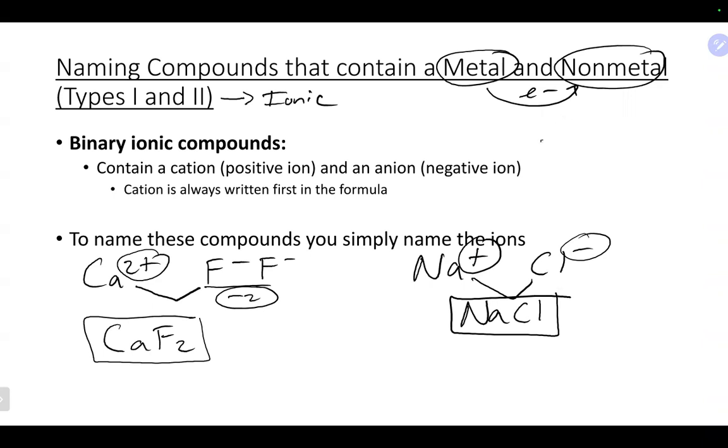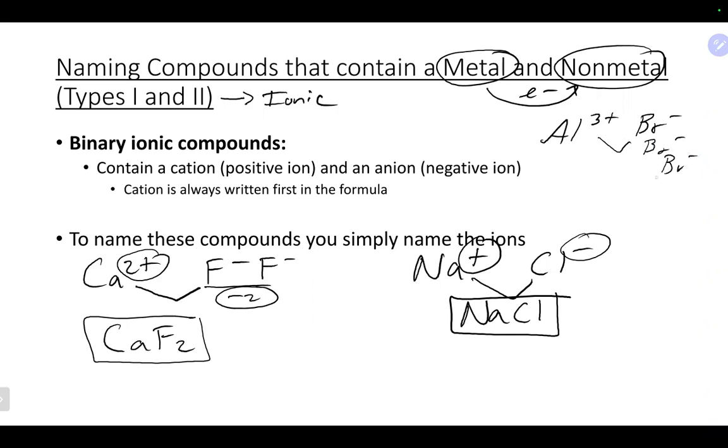You know, if we had something like Al 3+ and Br-, the proper formula for that should be... which one do we need more of to get to 0? More of the positive or negative guy? Yeah, we need a grand total of 3 of them, right?